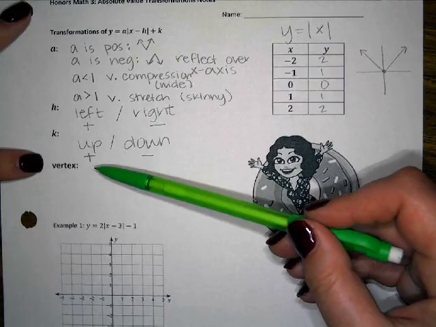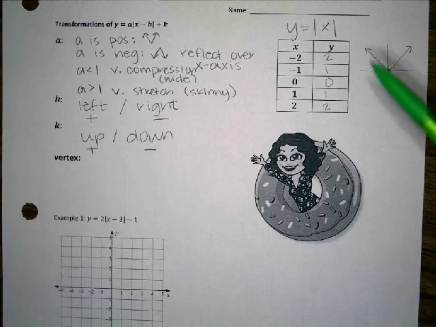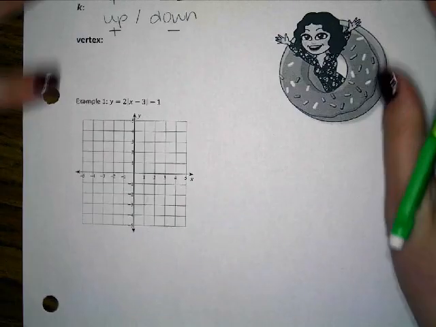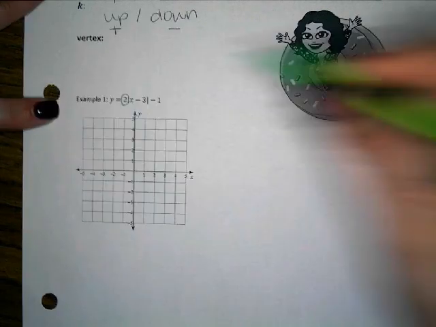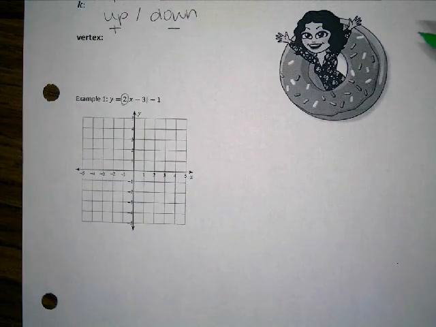So let's look at example 1. It has a 2 in the front. The 2 is positive. So if the graph is positive, is it right side up, or has it been reflected over the x-axis to make it upside down? It's right side up. Okay, so I'm not going to say anything about it being upside down.